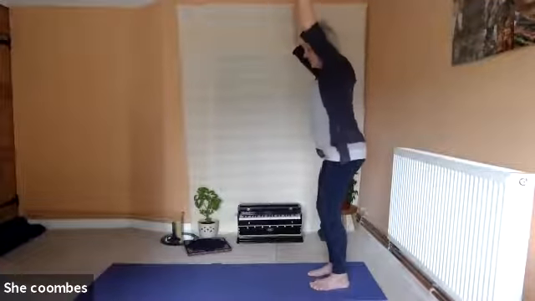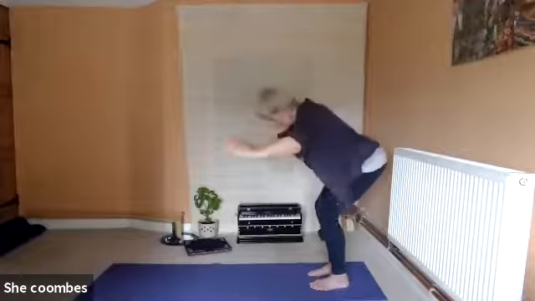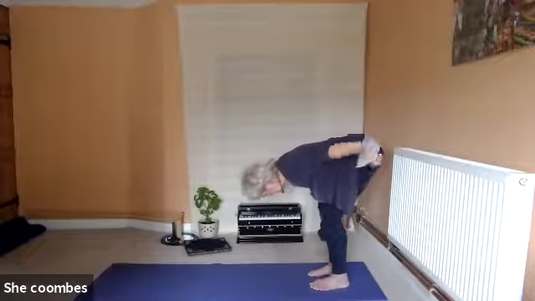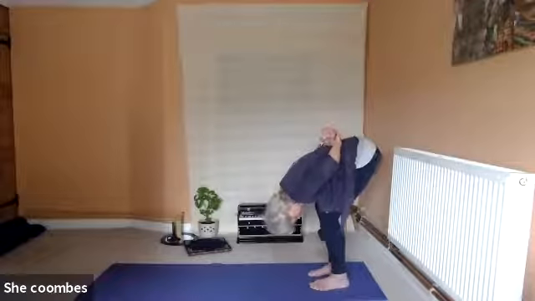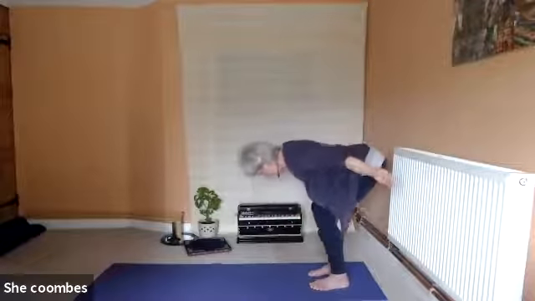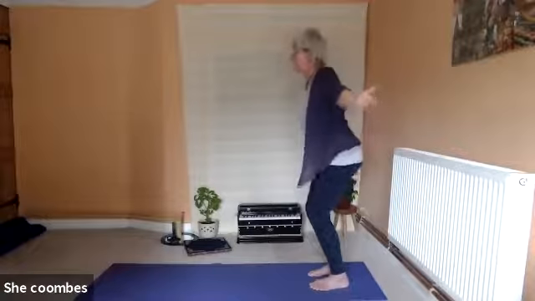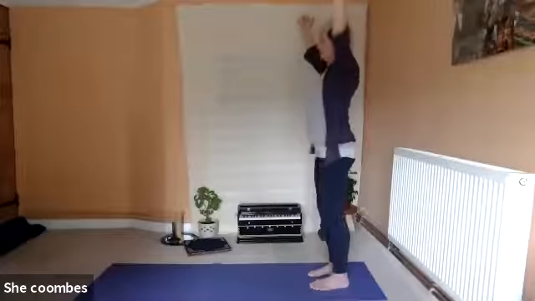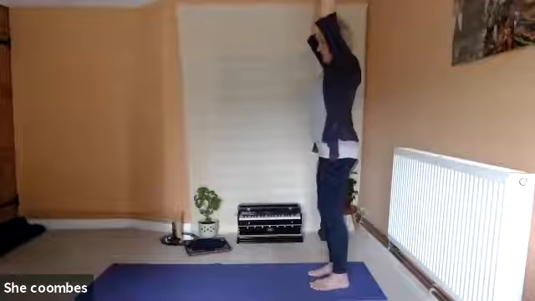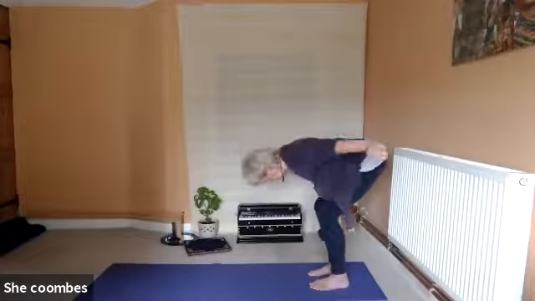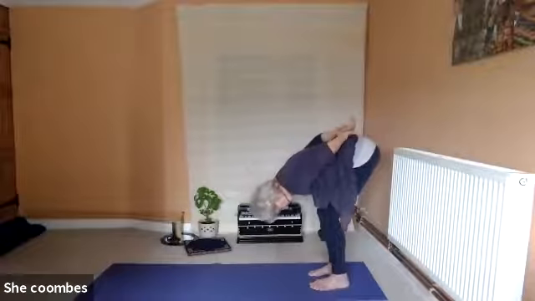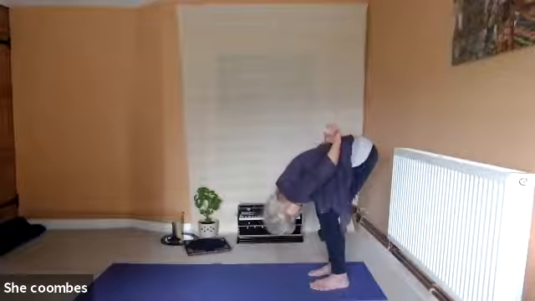And this time go straight down again, rather than keep on lowering. So you're just going to keep on going into the forward bend, lifting yourself out of the forward bend as the breath in flows, and down again. Find your rhythm of breathing.